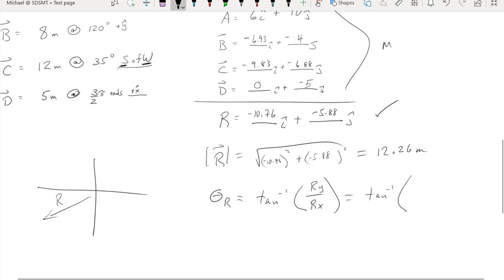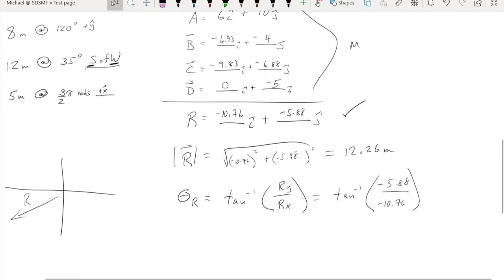But when we do this, we have 2 negatives, and those negatives are going to drop out. And so when we plug this into our calculator, it's going to give us a positive angle measure. The 5.88 over 10.76, we need an inverse tangent of that, and I'm getting 28.7 degrees.